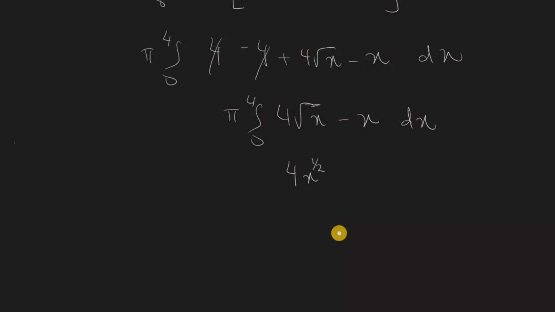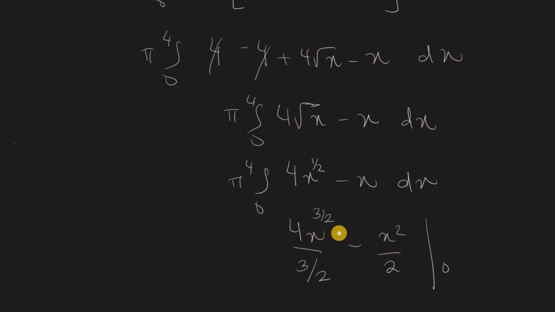This makes our life easier to integrate, because now we can add 1 to the exponent and divide by the new exponent: half plus 1 is 3 over 2, and dividing by 3 over 2, and then negative x squared divided by 2, from 0 to 4, and not forgetting the pi, which is outside the integral.